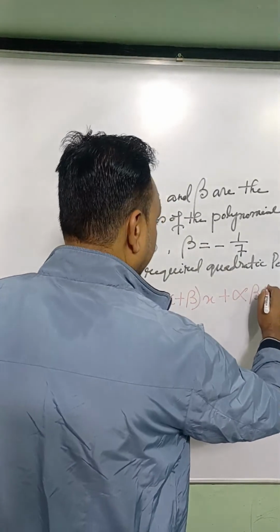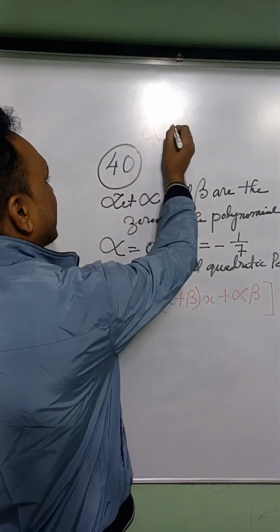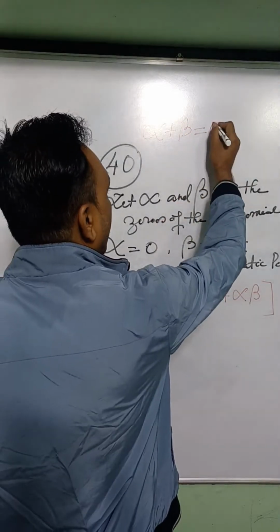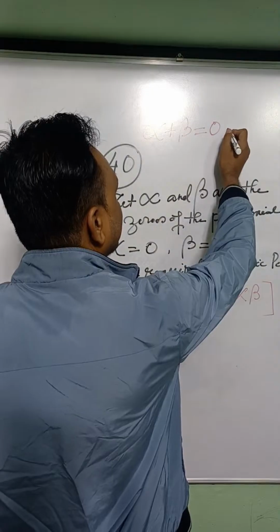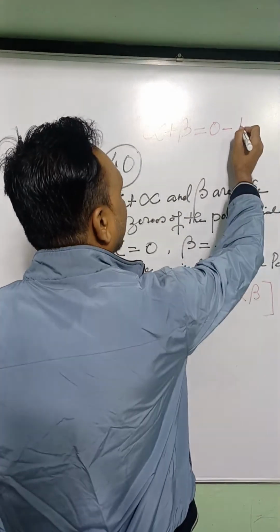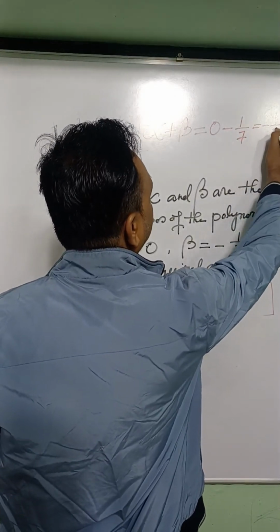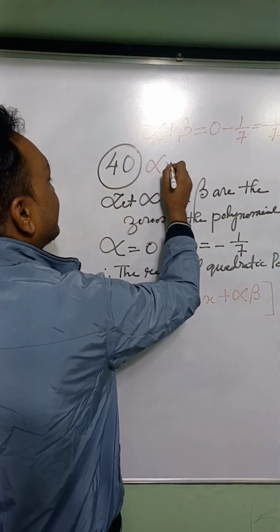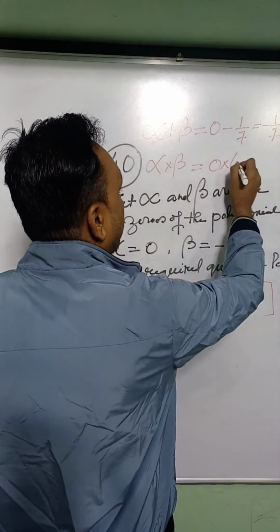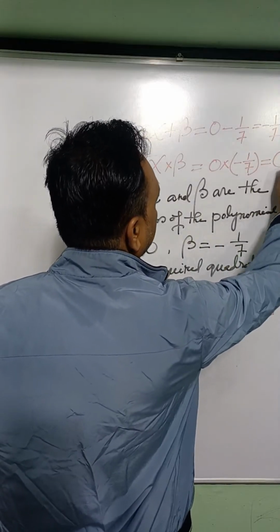Before that, I will find alpha plus beta. Alpha is 0, beta is minus 1 by 7, so that will be minus 1 by 7. Similarly, alpha into beta is 0 into minus 1 by 7. Anything multiplied by 0 is 0.